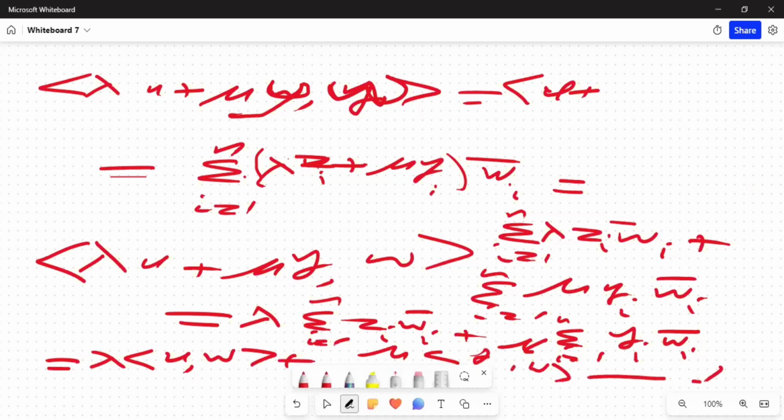So this one is exactly what I3 is saying. If you check, this is exactly what I3 is saying. Okay, so that's another example.